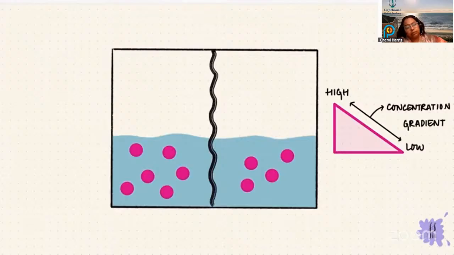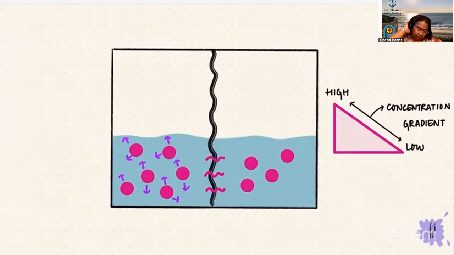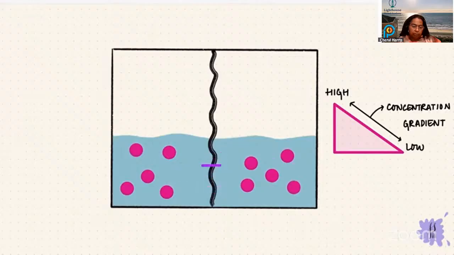Now let's assume that the membrane is permeable to the solute, which means it's going to let the solute pass through. Molecules from both compartments have kinetic energy and keep moving around, bumping into each other and into the membrane. So the chances of them crossing the membrane will be higher when the concentration is higher. So the solute diffuses from higher to lower concentration until the concentrations of the two solutions are equal.